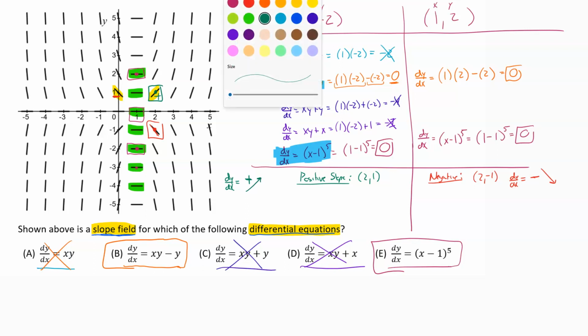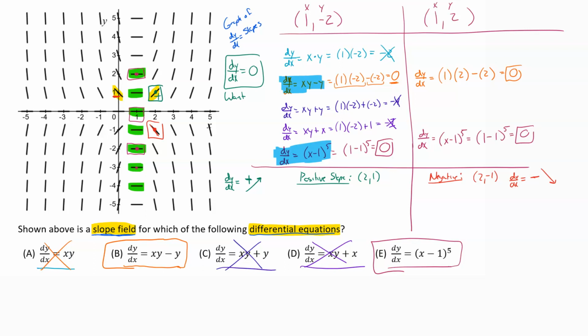The only two I'm plugging into are B and E right now because they're the only ones left. So dy/dx at this is x times y minus y. On this side, plugging in 2 for x, 1 for y, I get 2 minus 1, which is 1. That is positive, and that was what I was looking for, so that still checks out.